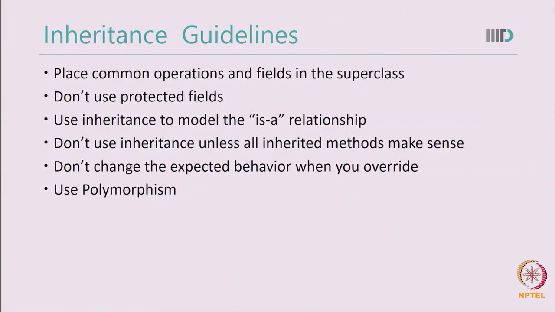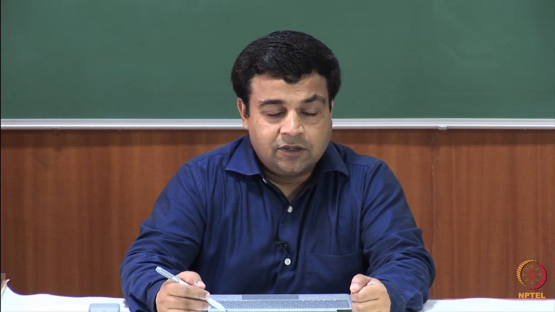Another guideline is to not use inheritance unless all inherited methods make sense. Let's go back to our example of vehicles and car. In vehicle, you should ideally define all the methods that can be inherited by a car. So, you should not define any method that does not make sense with reference to the subclass.